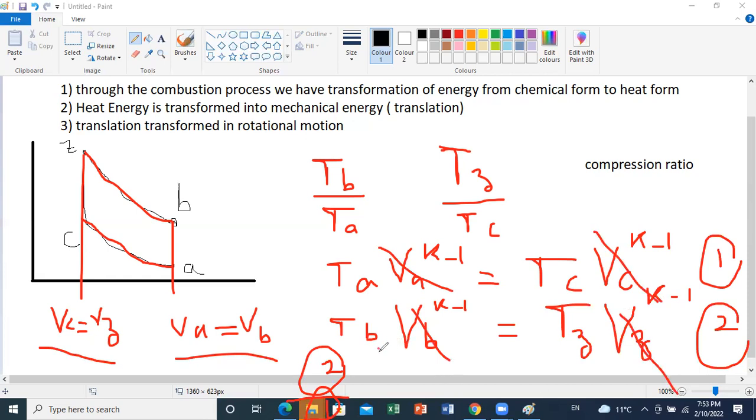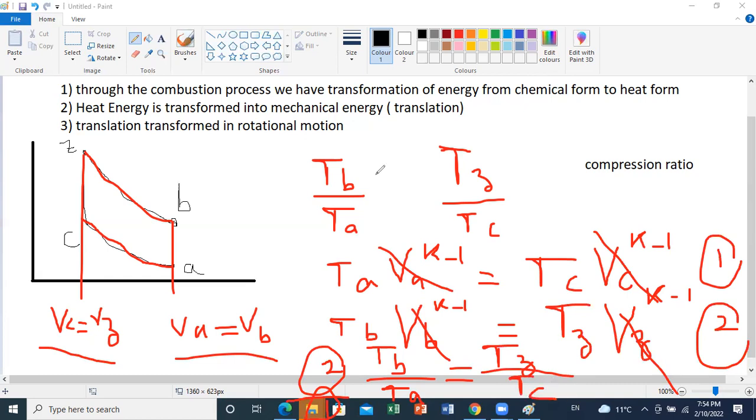So I will get that the ratio of TB over TA is equal to the ratio TZ over TC, which is great because this will simplify a lot the expression of my efficiency.